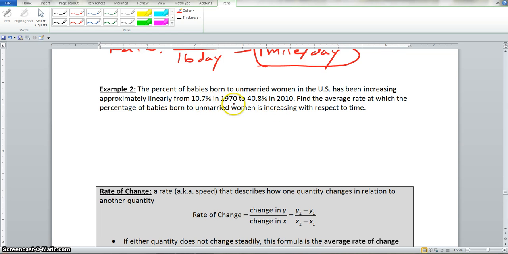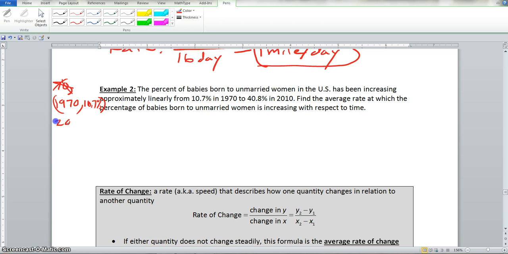So what we could do is this here. We will first put 1970, so we'll put 1970, and that would give us 10.7%. That will be our first ordered pair.